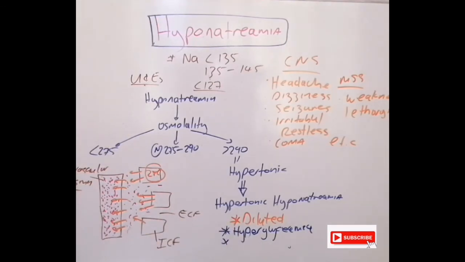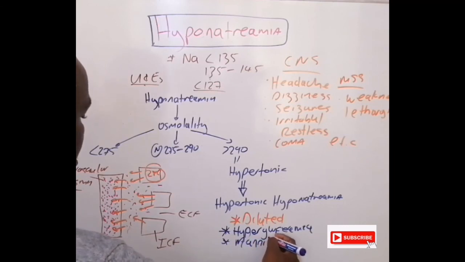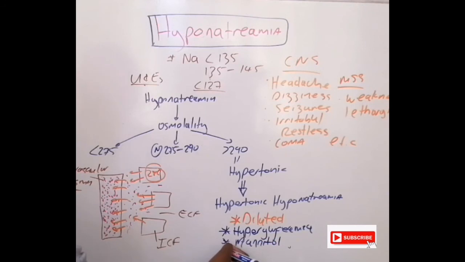So once you've got hyperglycemia from DKA, from HHS, from HONK, what's going to happen is that you've got glucose inside here that is osmotically active. Now it pulls water from the cells into the intravascular. Now you are diluting your sodium. That's why some people call it a dilutional hyponatremia. Another cause would be mannitol, which is a very potent diuretic. Another one is glycine.